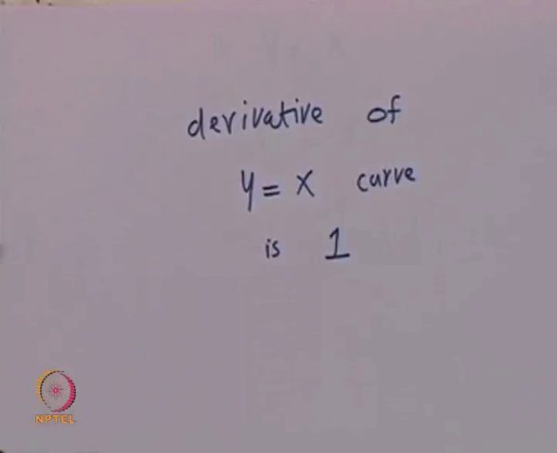It is a number, it is independent of x. We will see some quantities which are dependent on x, and we will see how this is useful soon, but just understand that if you take the y equal to x curve and calculate the slope, you will get 1.